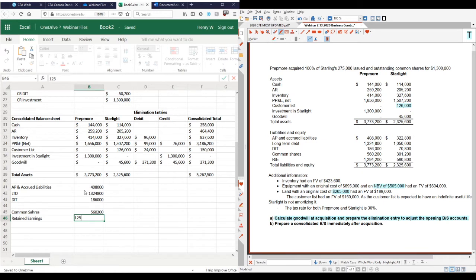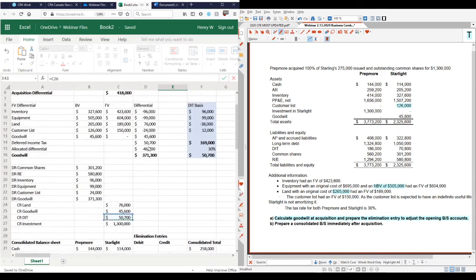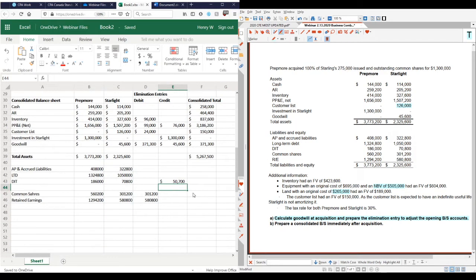Retained earnings 212,294,200. So we're going to eliminate this. Eliminate this. Eliminate this. And then deferred income tax is the new 50,700. Okay, and then so consolidated totals.